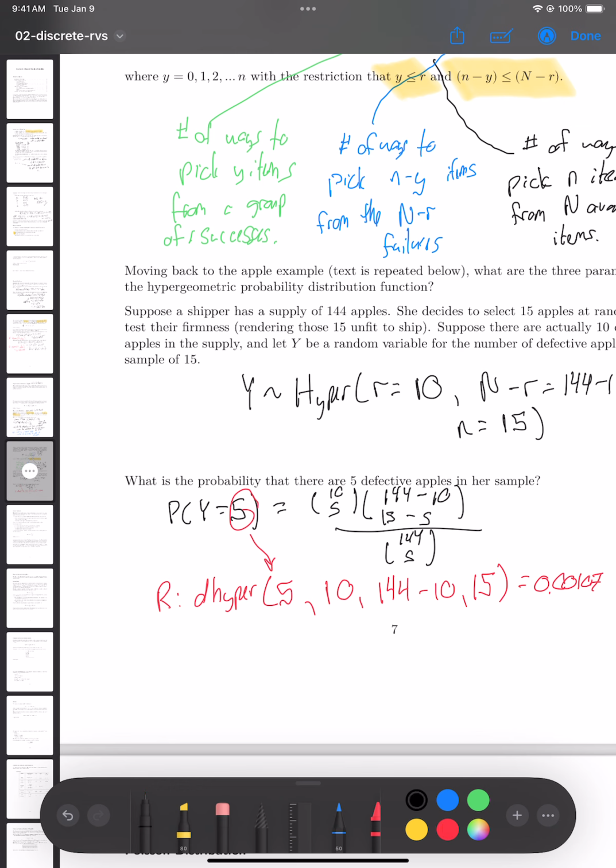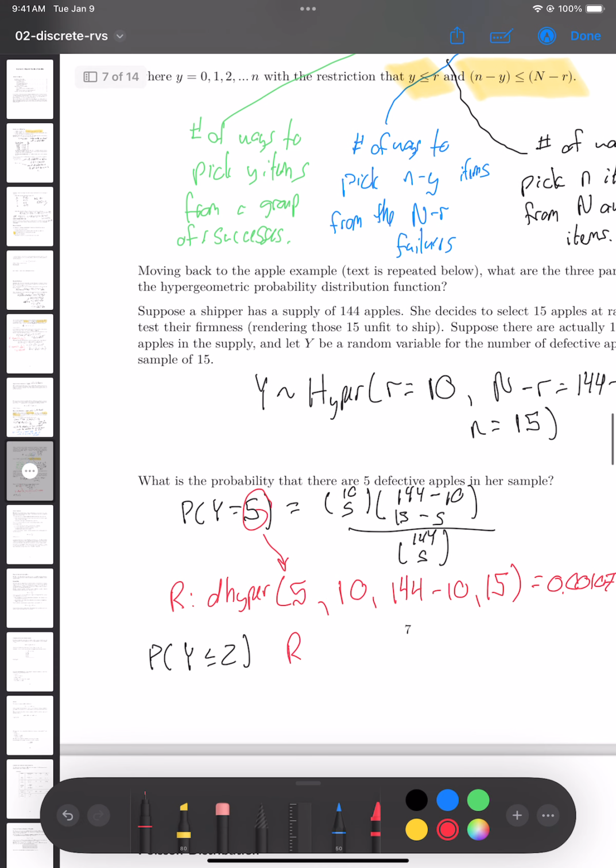We'll do one more quick example. Suppose that you wanted to find the probability that y is less than or equal to 2. So the number of defective apples is either 0 or 1 or 2 in the sample. Then again in R, this would be phyper, and again the 2 gets mapped from there, and then the rest of the parameters are the same.